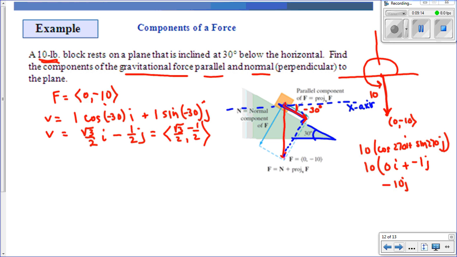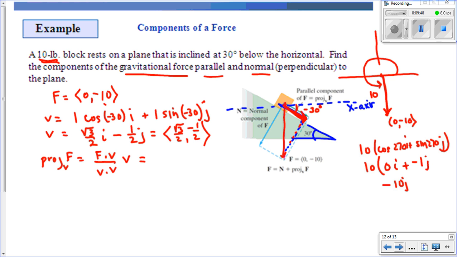That will give me a vector going in the same direction as v, which is coinciding with the ramp, but it's going to be the length of that projection. So the projection of F onto v will be F dot v over v dot v times the vector v.